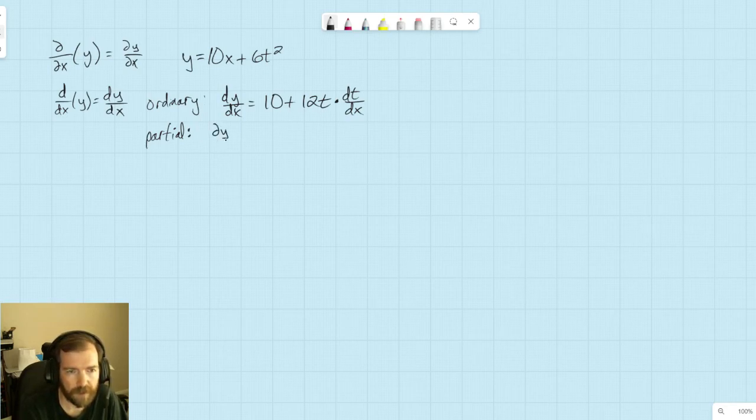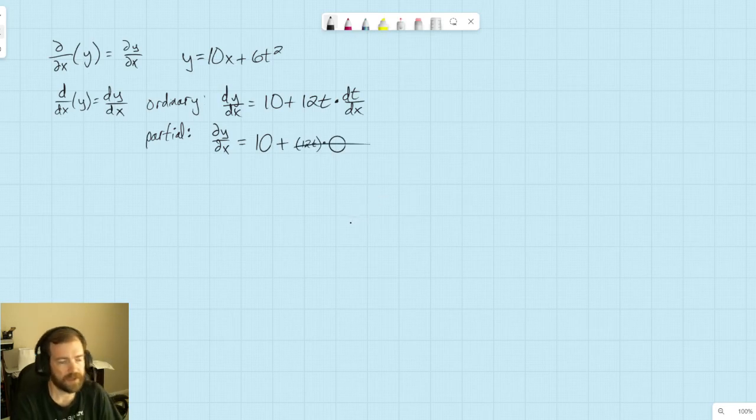Partial y with respect to x is going to be equal to, here the derivative on x is being taken exactly the same, so you just get 10. Then over here, you do get this 12t part, but your dt dx is 0, so that just kills that whole term. Basically what it boils down to is you treat all other variables other than x as constant.